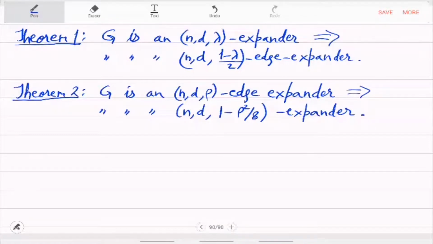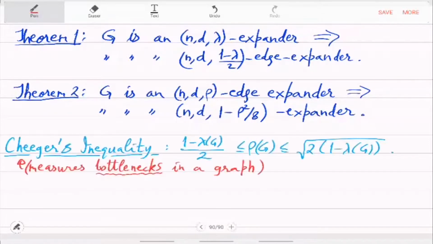We can also state this as Cheeger's inequality. Basically it tells you what rho is for a graph in terms of the lambda parameter, the second largest eigenvalue. So the edge expansion of any graph will be at least (1 minus lambda of G) by 2.